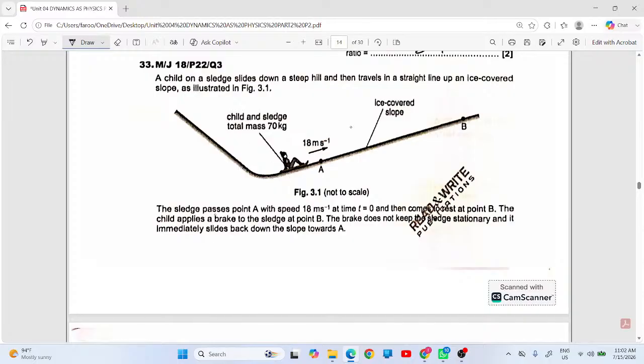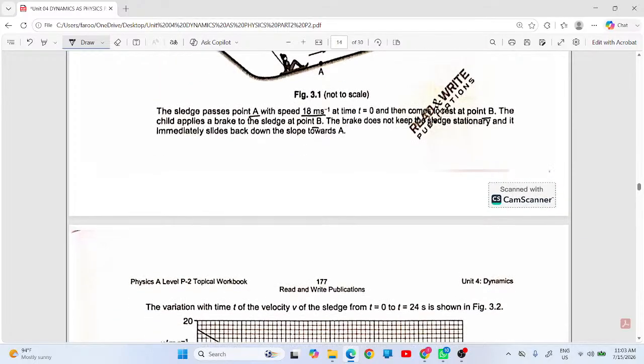The sledge passes point A with a speed of 18 meters per second at time t equals 0 and then comes to rest at point B. The child applies the brake at B, but the brake doesn't keep the sledge still and it immediately slides back.